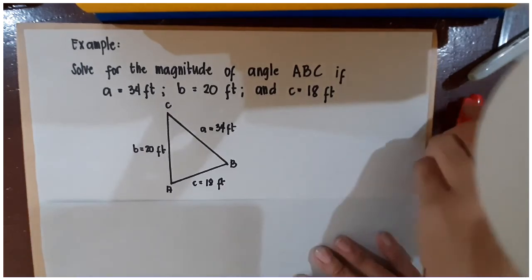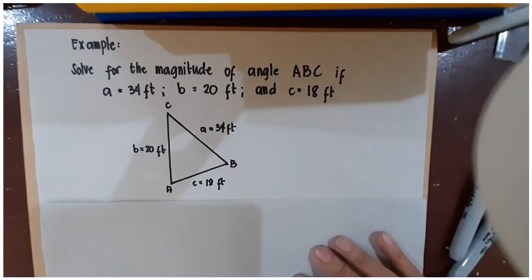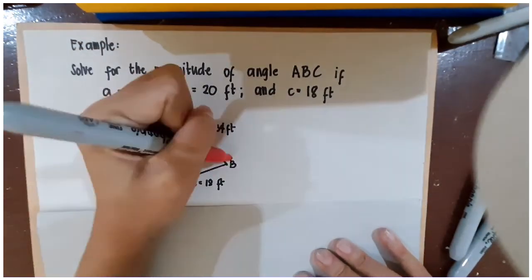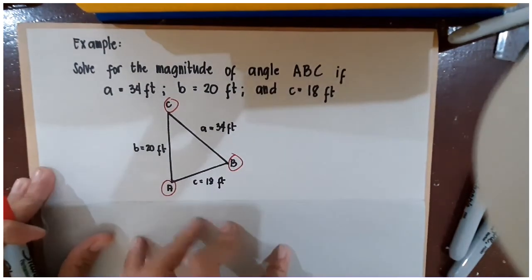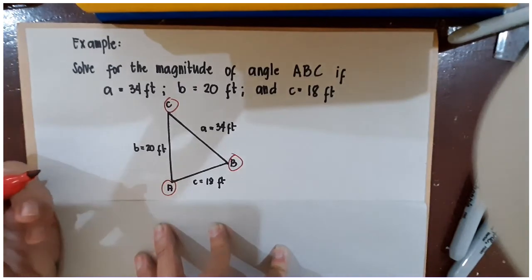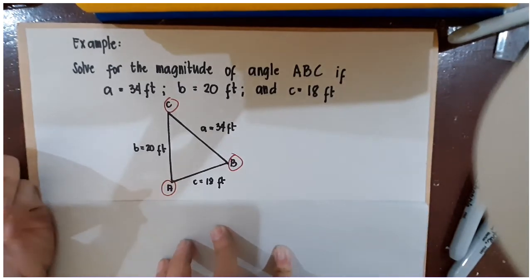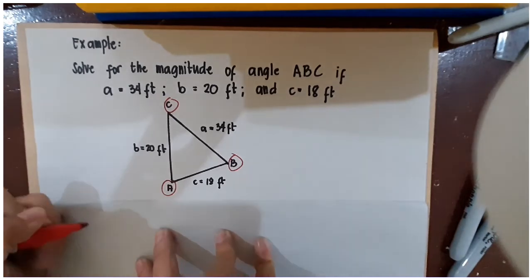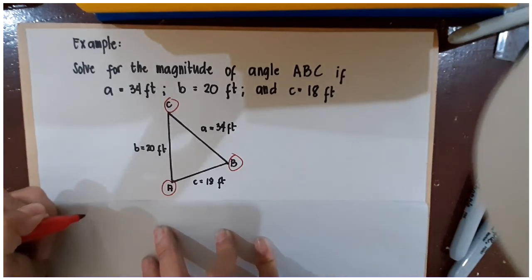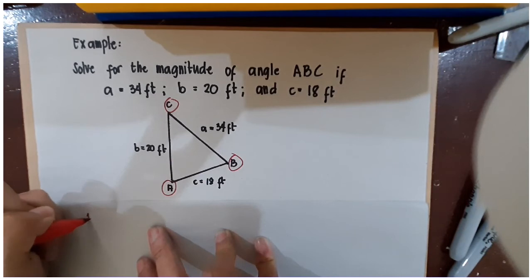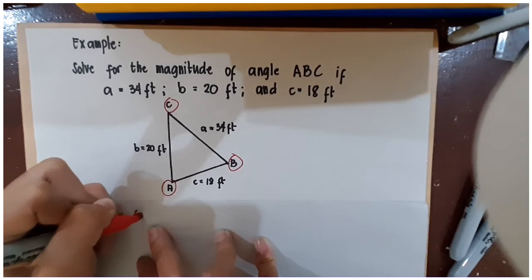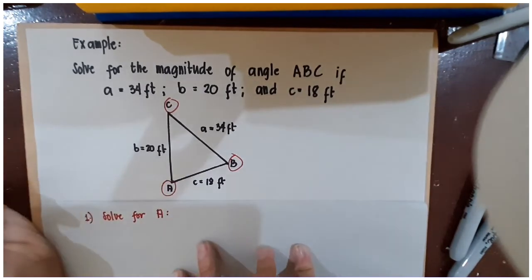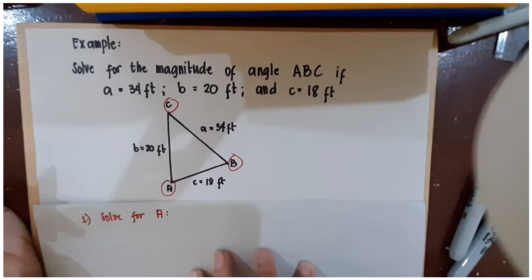So, what we will look for here are the angles: angles A, B, and C. How do we solve for the angles? Let's start with angle A. Solve for A. Which of the following laws are we going to use?